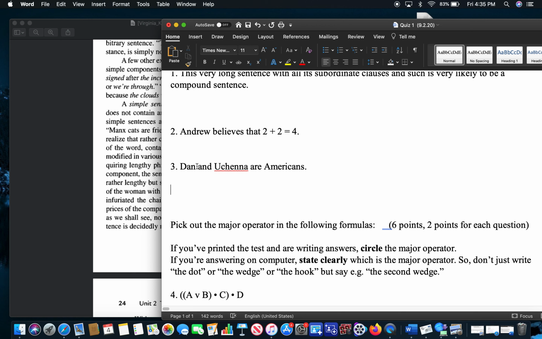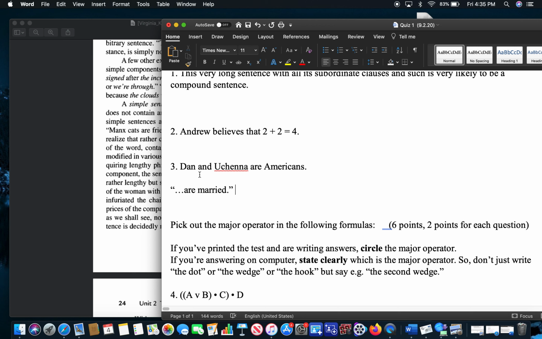A few people asked me why this isn't simple, because it looks like "Dan and Uchenna are married," right? But "Dan and Uchenna are married," as I explained in the lectures, has the predicate "are married," which states a relation. And the attempted paraphrase fails.